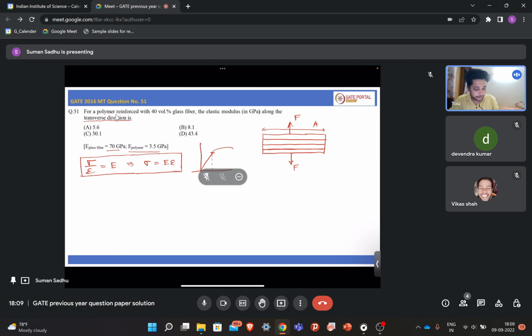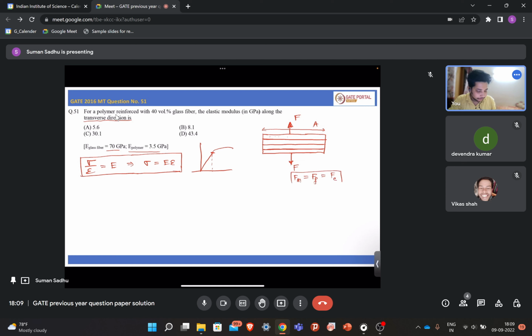Now, if we apply load F in this transverse direction, and these are the glass fiber, and the other part is the matrix, then the force on the matrix, Fm, and the force in the fiber, Ff, should be equal to the force on the composite.